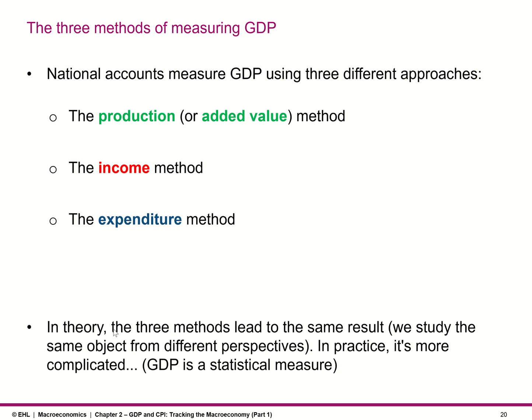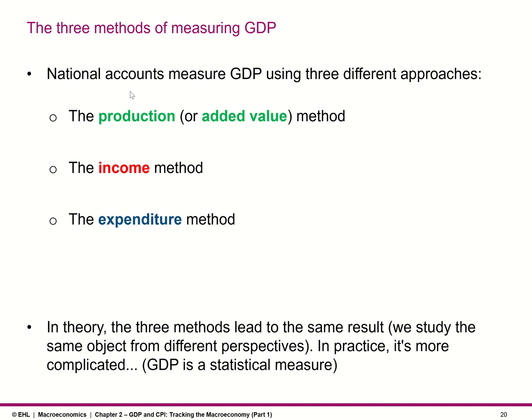So in theory, the three methods lead to the same result because we study the same object. What's different is simply that we study this object from a different perspective. Once from the production perspective, another time from the income perspective, and another time from the expenses, from the expenditures.